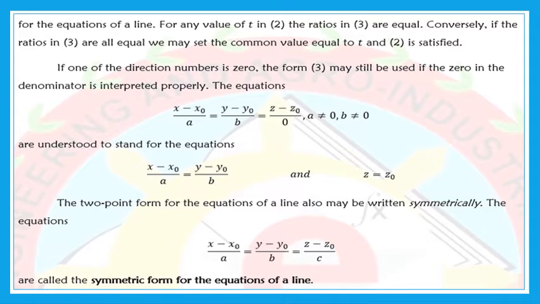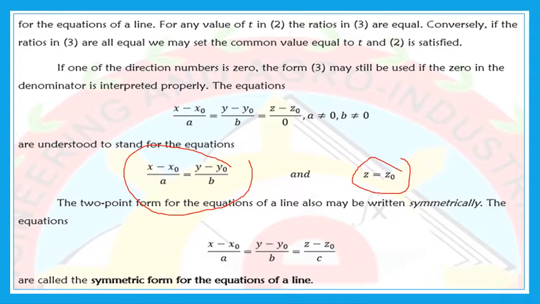So the equations (x minus x sub o) over a equals (y minus y sub o) over b equals (z minus z sub o) over 0. So let's say 0 yung isa sa mga denominator natin. A not equals to 0, b not equals to 0 are understood to stand for the equation. So sila lang yung equal, and si (z minus z sub o) over 0 is z equals to z sub o.